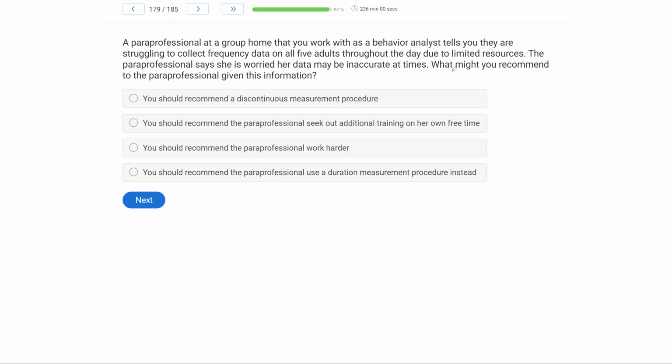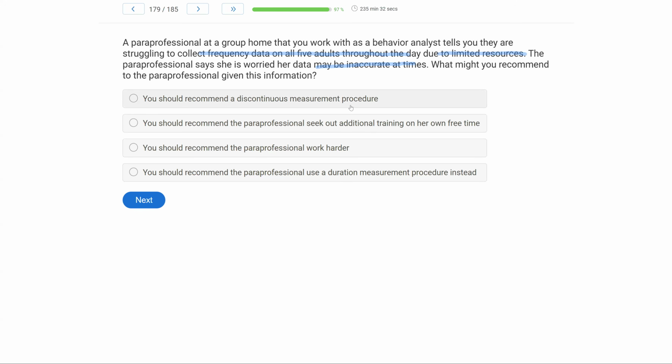Like we've talked about before, whenever we start thinking about limited resources, limited time, but we want to measure something, so they want to collect frequency data throughout the day, we need to start thinking about discontinuous measurement. In this case, you have this paraprofessional who's struggling to collect data on 5 adults and it's inaccurate, so let's think of ways we can help them within the confines of what's available to them.